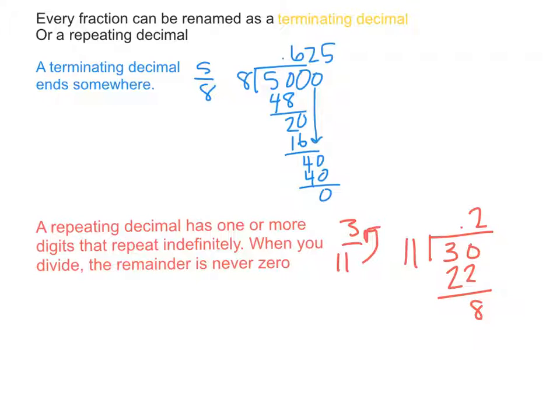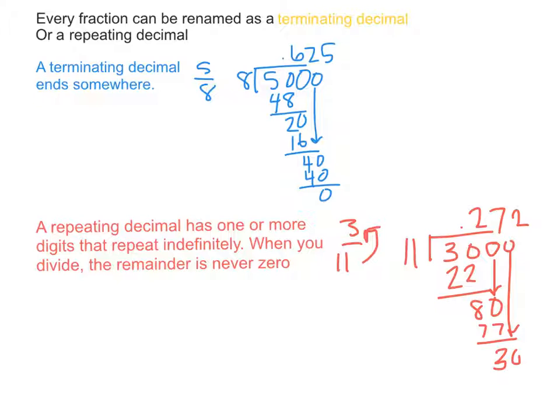And 11 can't go into 8, so we bring down another 0. 11 into 80 goes in 7 times, and 11 times 7 is 77, with a remainder of 3. 11 can't go into 3, so we bring down another 0. 11 into 30 again goes in twice.